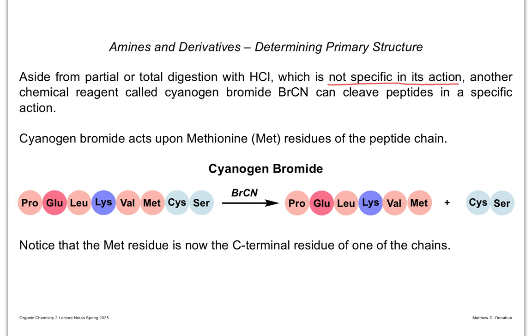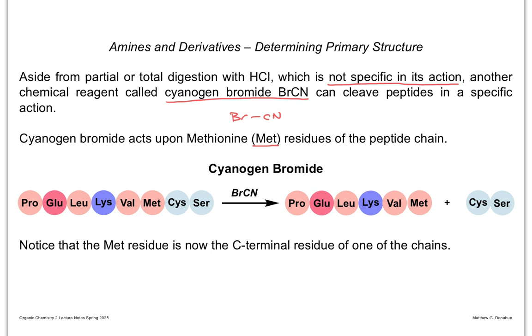There's a reagent called cyanogen bromide that's going to cleave a peptide chain in a very specific way. So cyanogen bromide acts upon methionine residues only.